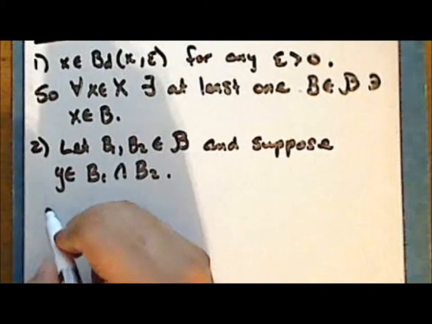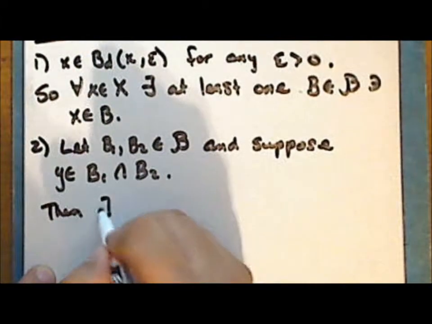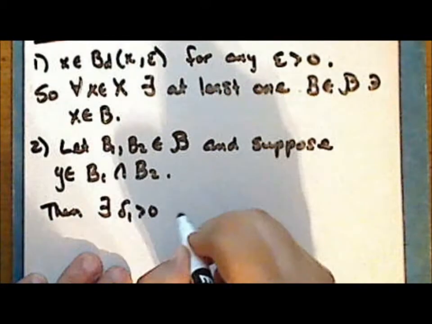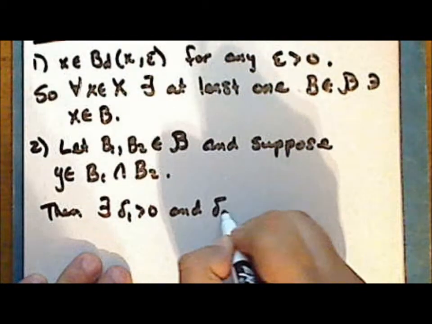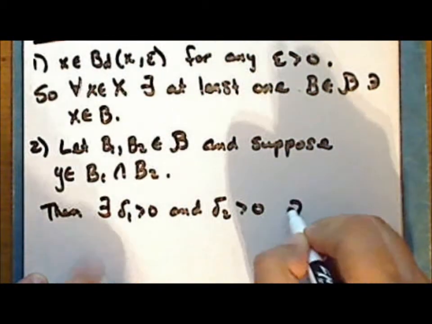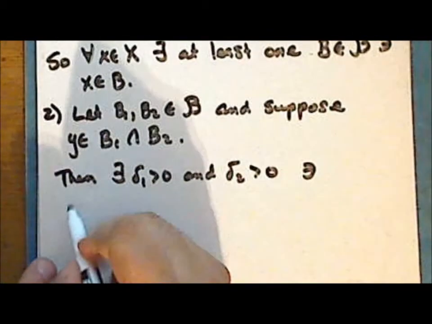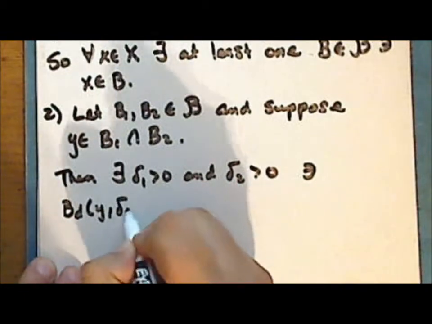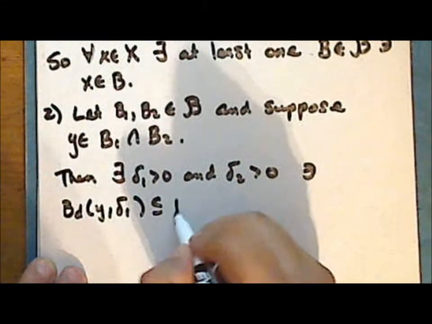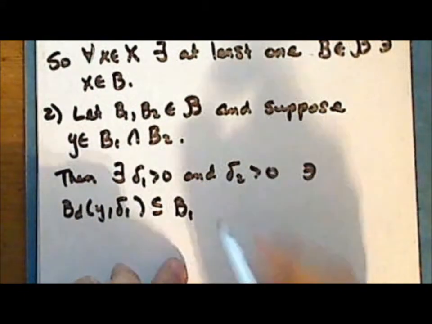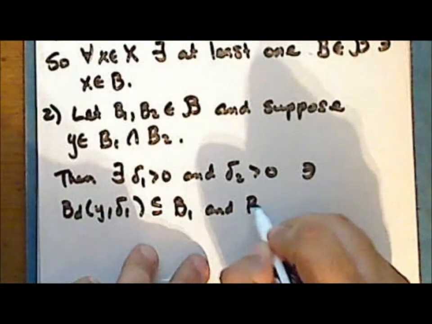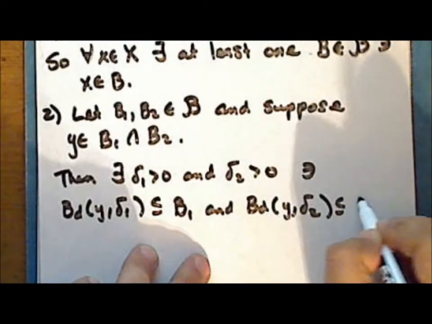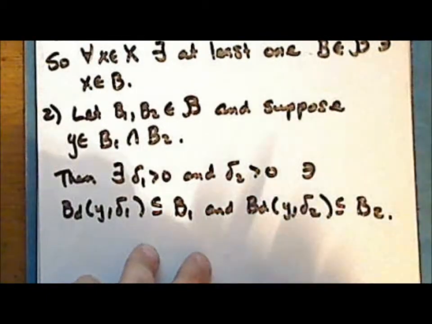Then, by the previous lemma, there exist positive numbers delta 1 and delta 2 such that the epsilon ball centered at Y with radius delta 1 is a subset of B sub 1, and the epsilon ball centered at the point Y with radius delta 2 is a subset of the element B sub 2.